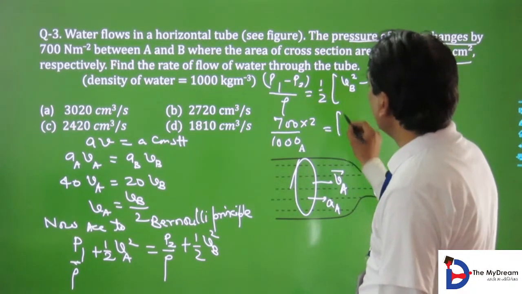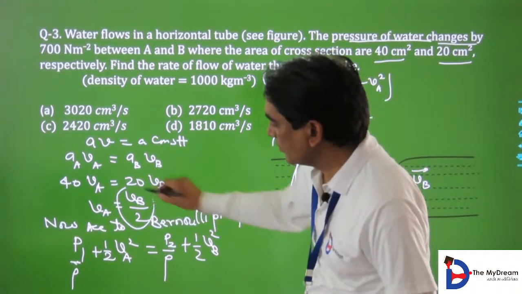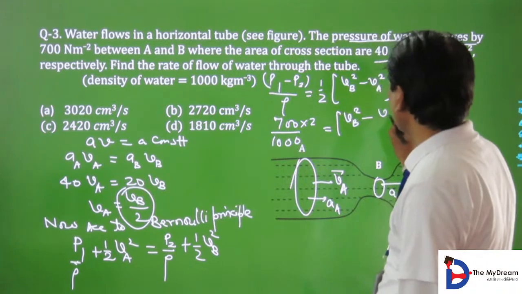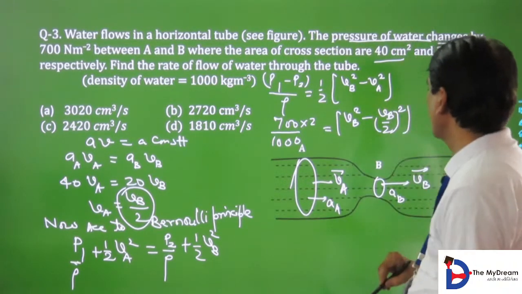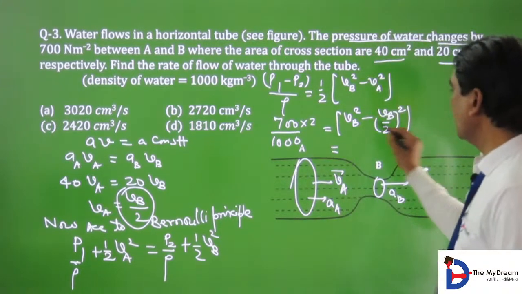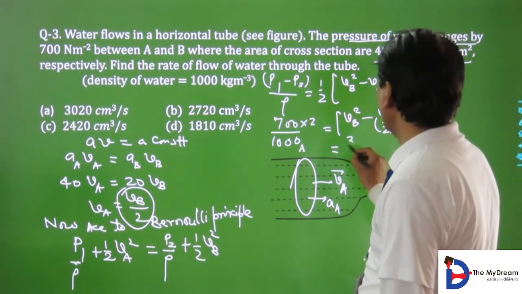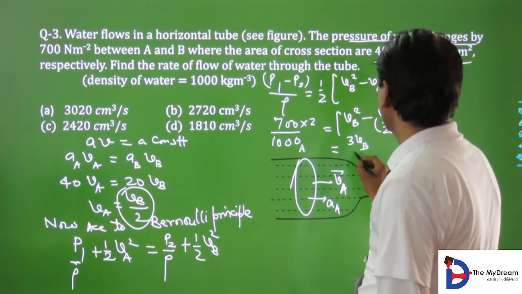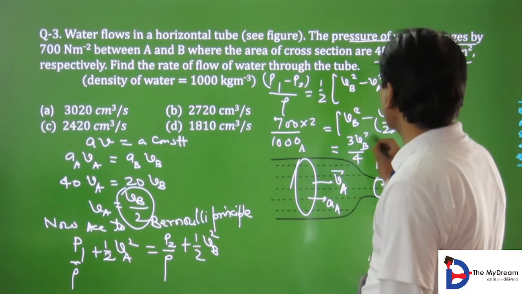Then VB square minus VA, which is VB by 2, so it will become square of 2 is 4, 4 minus 1 is 3, 3 VB square by 4.